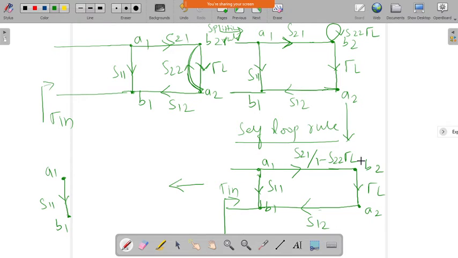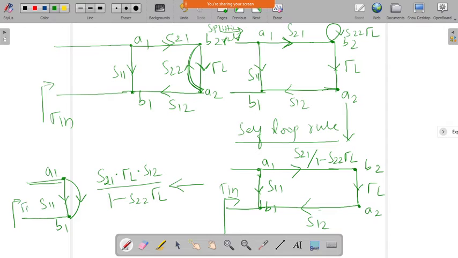Now if I multiply all these, using the series rule you get one term going from A1 to B1, which is S21 into gamma L into S12, divided by 1 minus S22 gamma L. So this is what we have for gamma in.